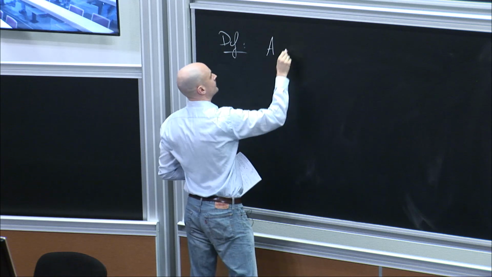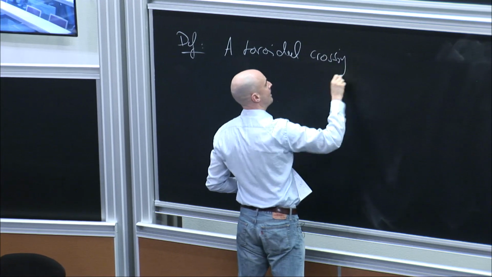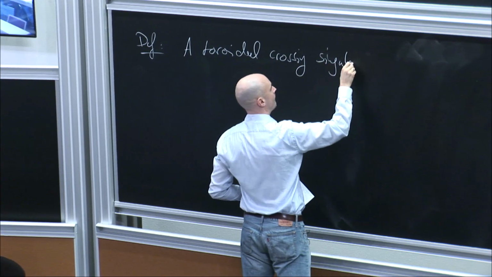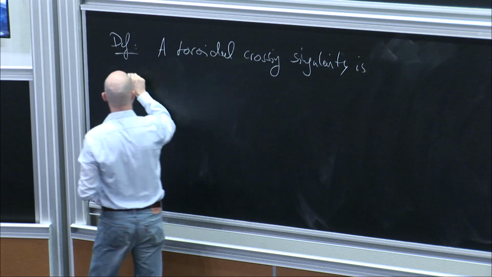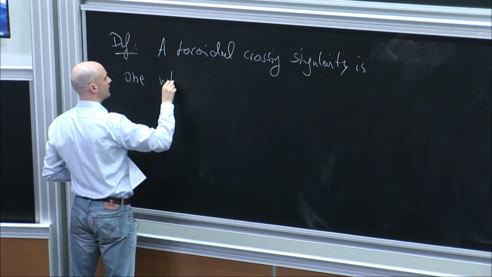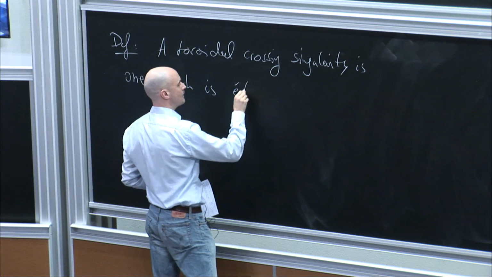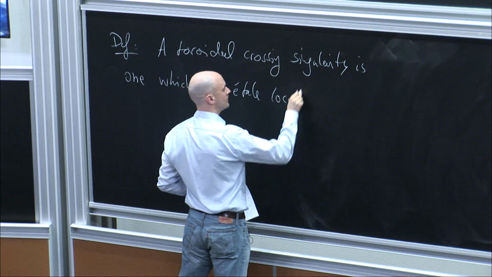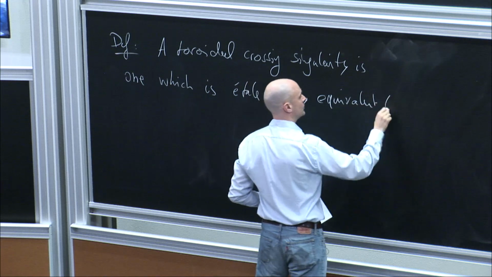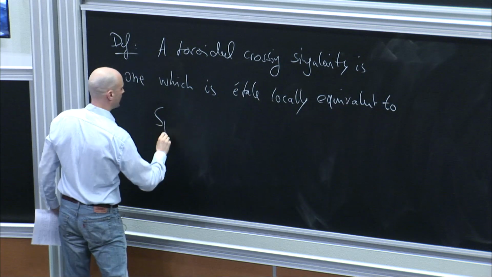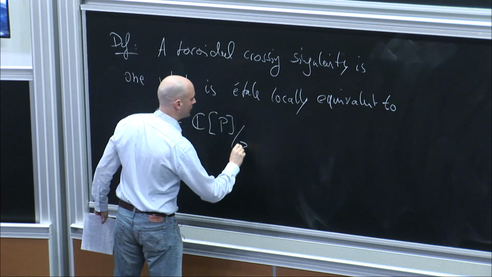A toroidal crossing singularity is one which is, so it's a singularity which is étale locally equivalent to the following form. You take the spectrum of a monoid ring and you mod out a monomial.